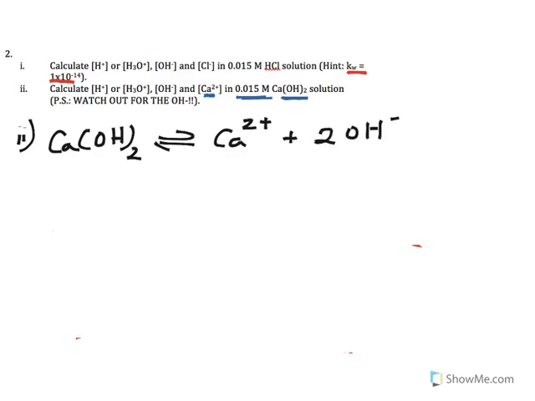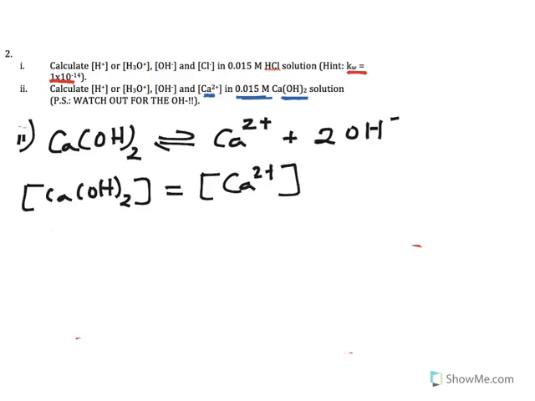Now, since we know that CaOH2 is a strong base, we know that the concentration of CaOH2 is going to be equal to the concentration of Ca2+, because it completely dissociates, which is going to be 0.015 molar. However, we also have the concentration of OH minus.